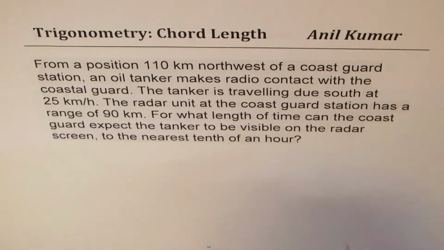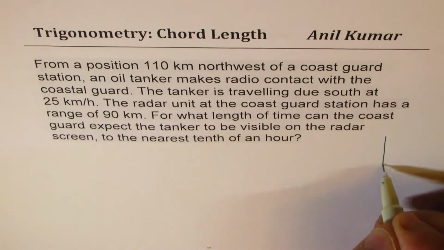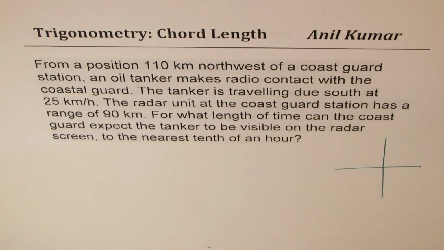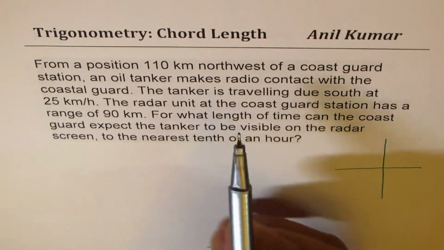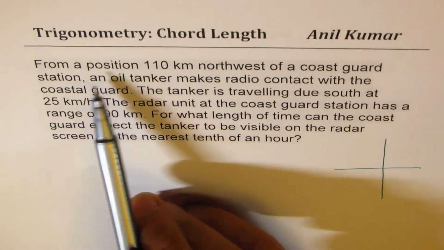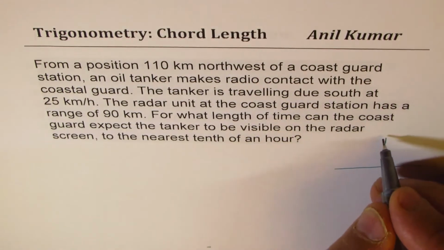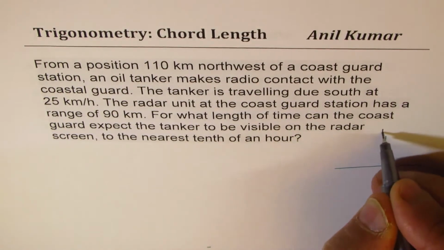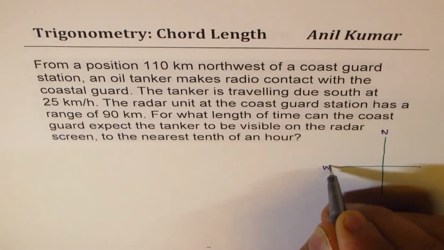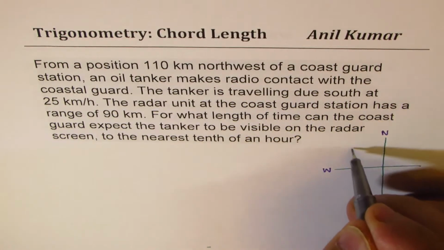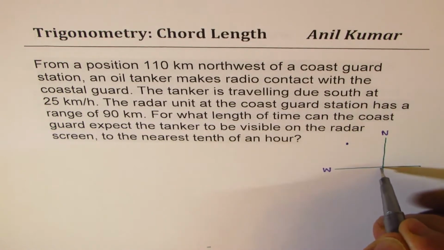Now, let me sketch the situation. Let's say that is our north-south line. This is east-west. So what we have here is a position 110 kilometers northwest. So this is north, this is west. Northwest means 45 degrees with this, somewhere here.